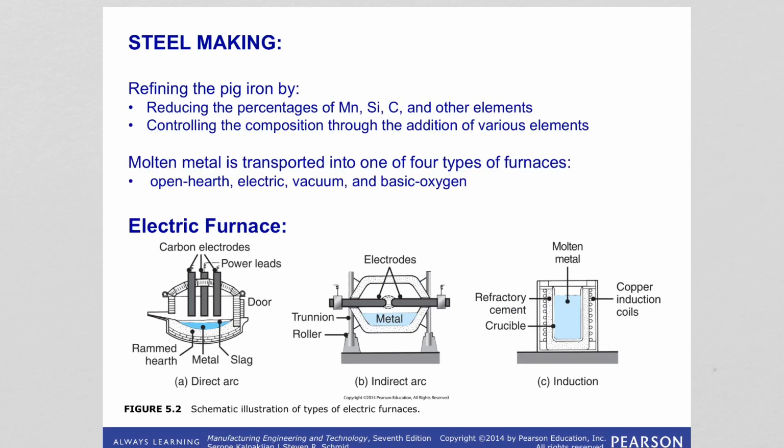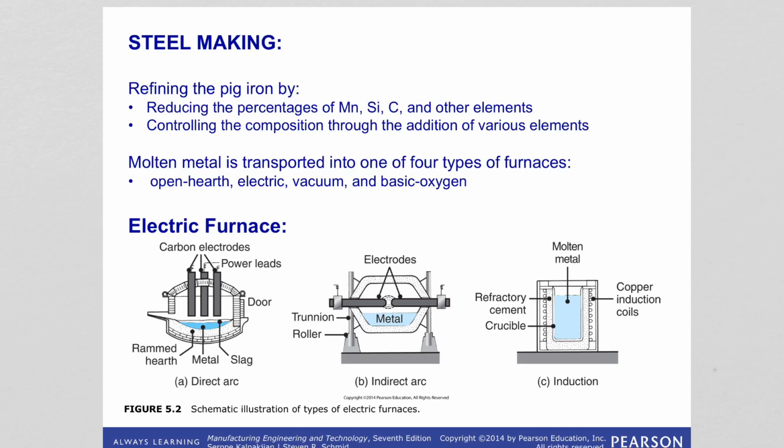So when it comes to steel making, it is nothing but refining the pig iron. Okay, so how do we refine the pig iron? What does it mean? It means, of course, reducing the percentages of manganese, silicon, carbon, and other elements, and controlling the composition through the addition of various elements.